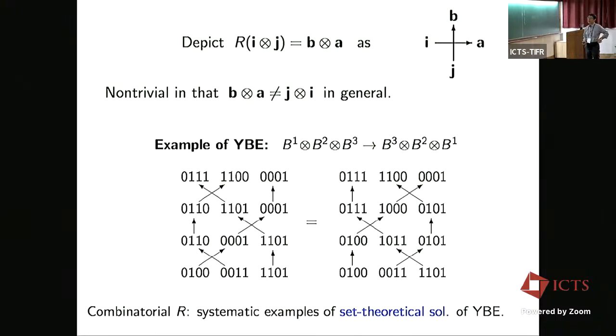Given this element of the crystal, you apply the combinatorial R here, here, and here, or here, here, here, in a different order, but still the output is the same, although the intermediate states are somewhat different. So the combinatorial R is a decent systematic example of a set theoretical solution to the Yang-Baxter equation. From my point of view, it's the largest supply of set theoretical solutions to the Yang-Baxter equation.